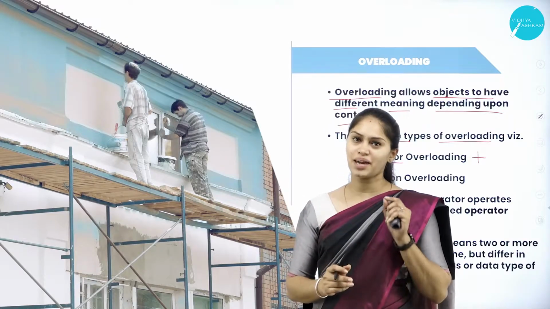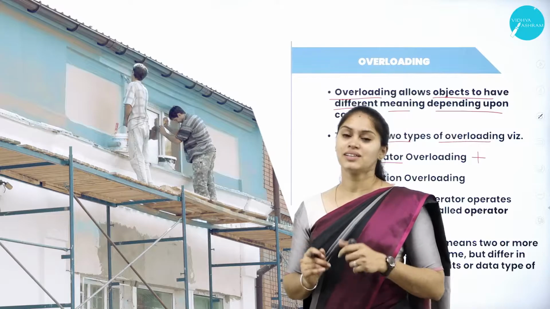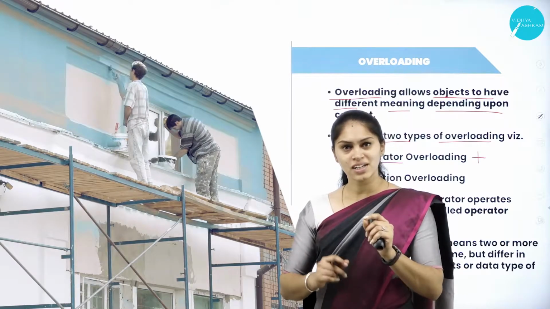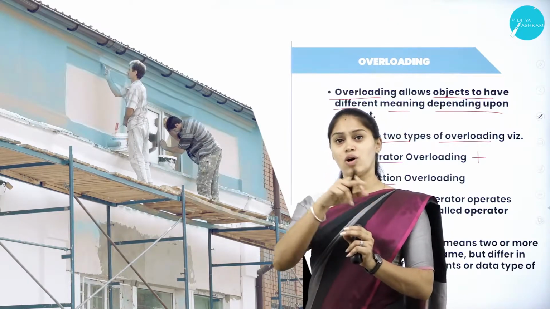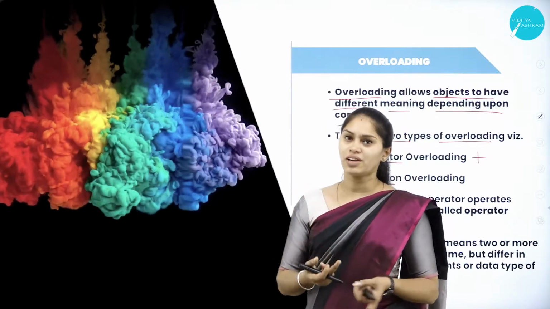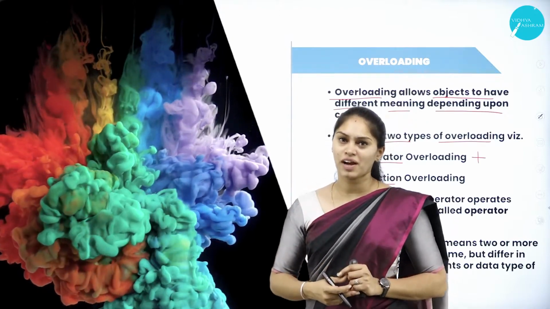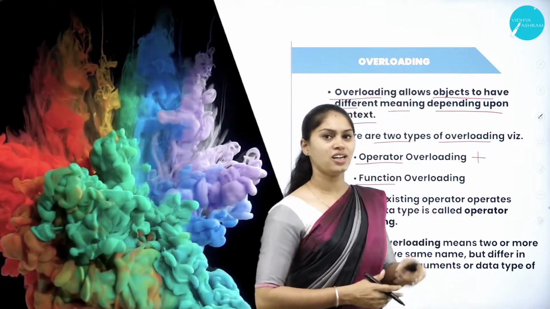Can I use the same plus operator for all these scenarios? Yes. That means the operator acts the same way across all these scenarios, but it is overloaded. We use the same operator for different purposes.